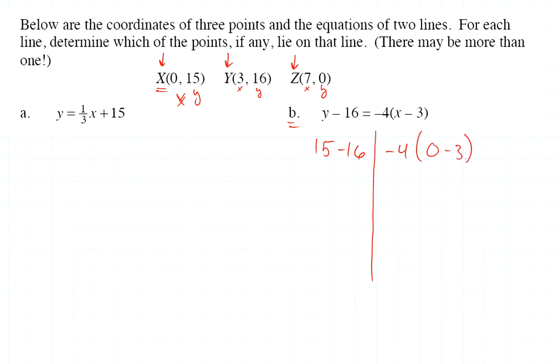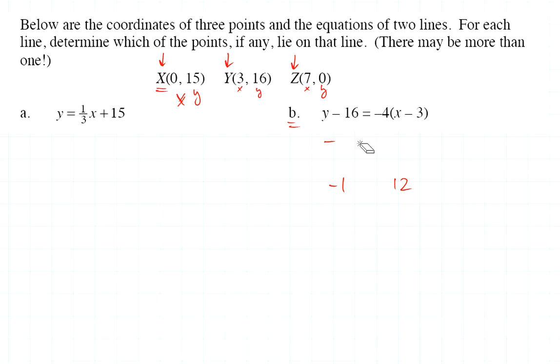Well, let's see. 15 minus 16 is negative 1. So my left-hand side is negative 1. And the right-hand side is negative 4 times negative 3, which is positive 12. And I'm pretty sure that negative 1 is not 12. So this point X is not on the second line.